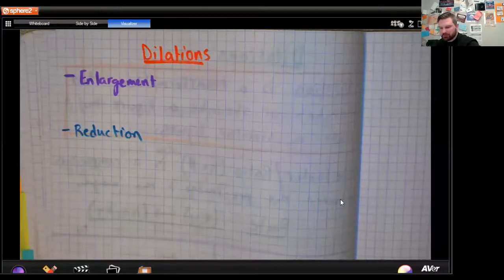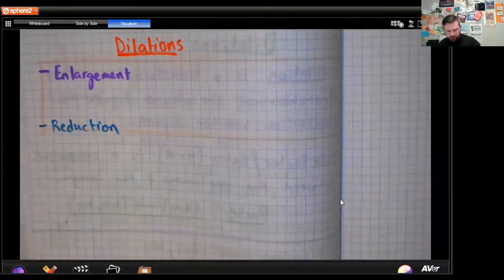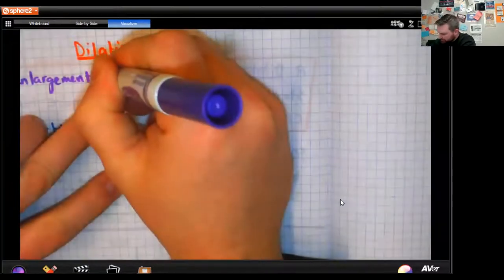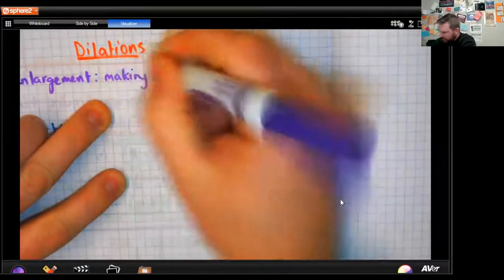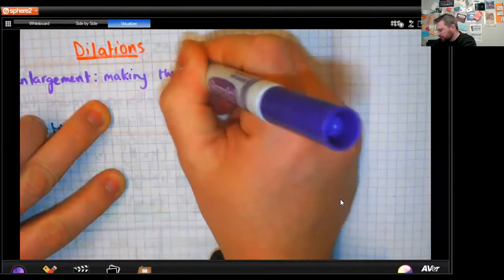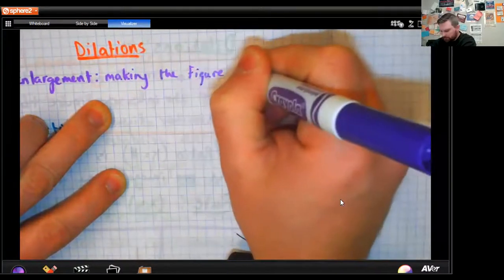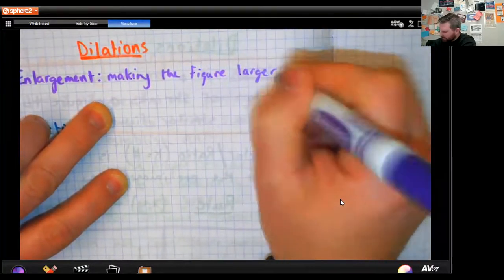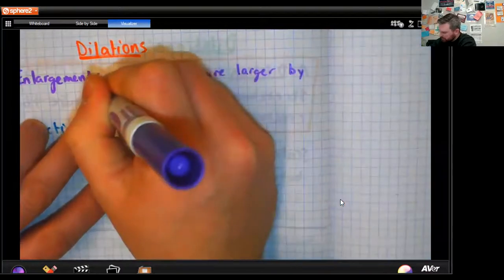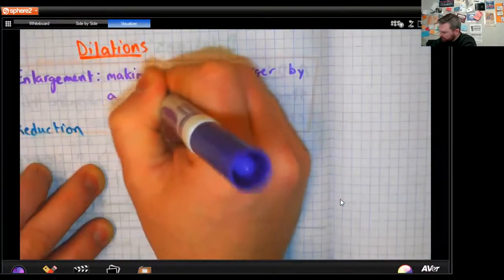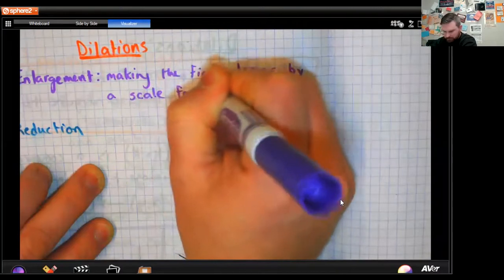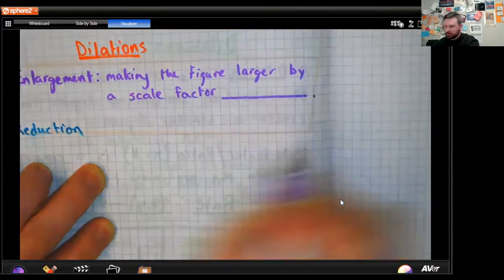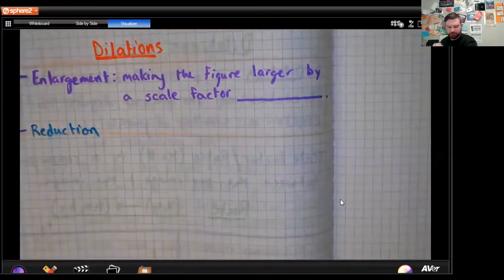So numbers that give us an enlargement. An enlargement is making the figure larger by a scale factor, and we'll leave a blank there.